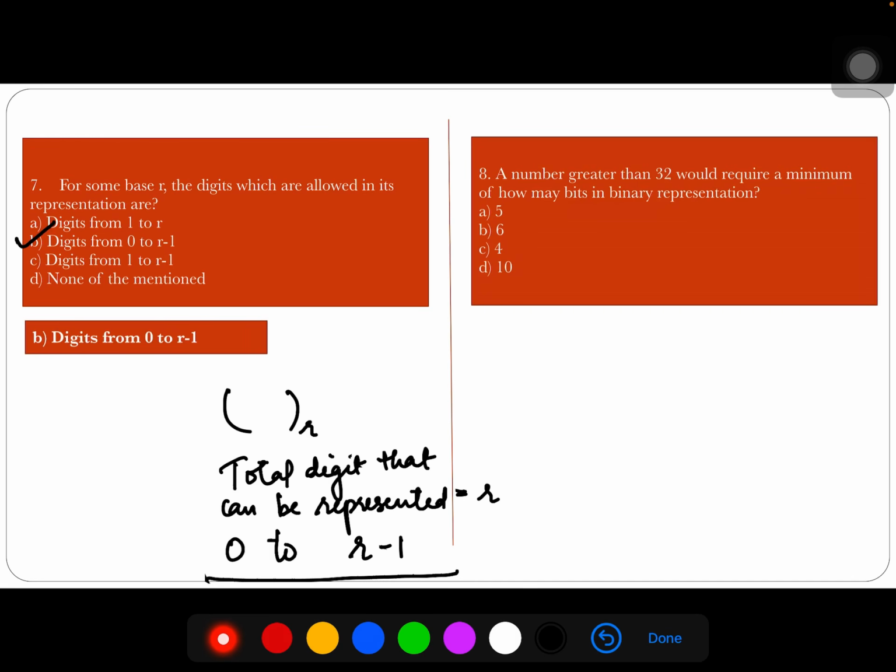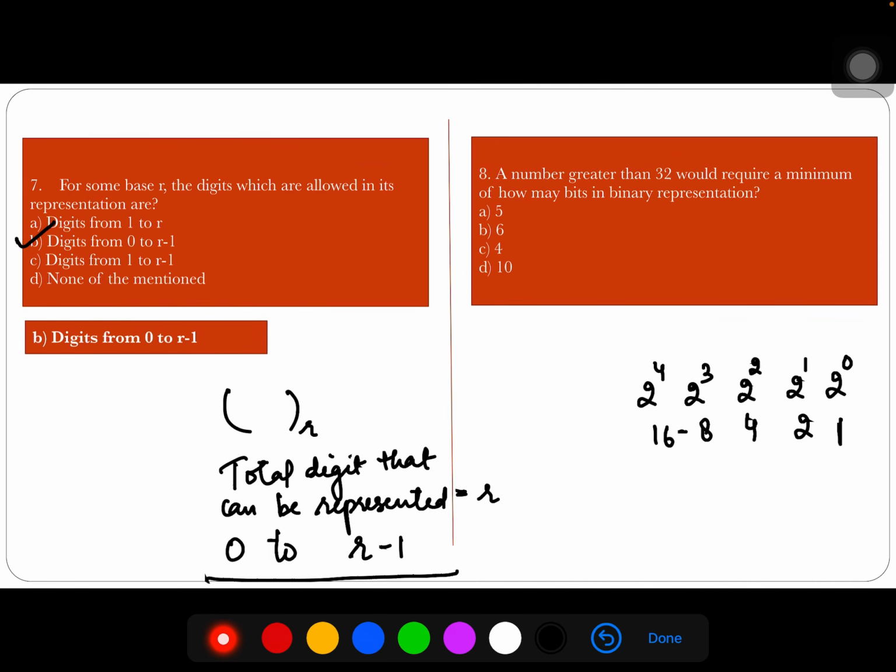Next question. A number greater than 32 would require a minimum of how many bits in binary representation? See, 2 raised to the power 0, 2 raised to the power 1, just follow this method. 2 raised to the power 0 is 1, this is 2, this is 4, this is 8 and this is 16.